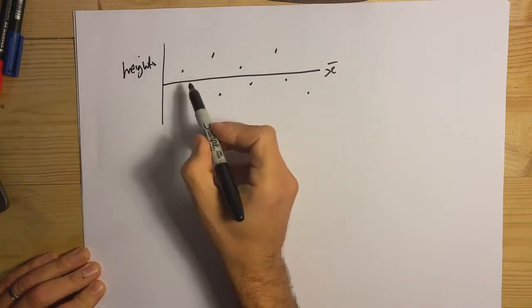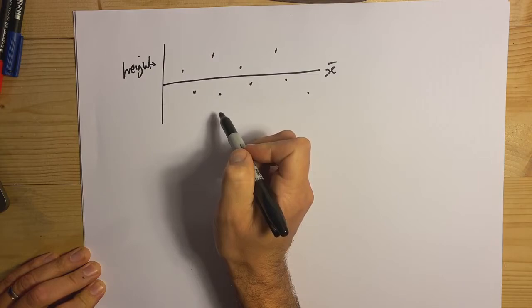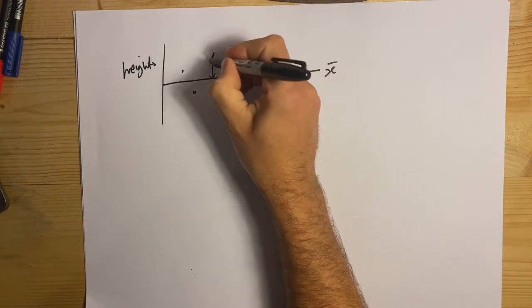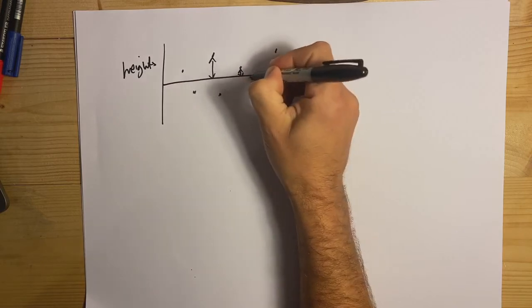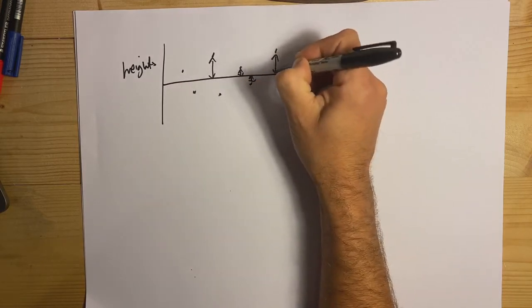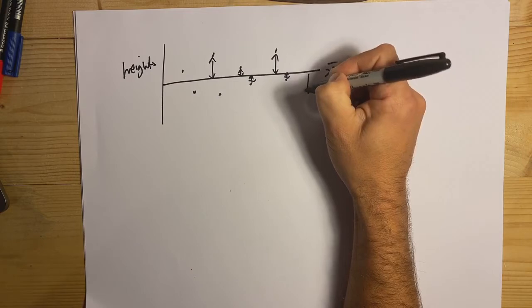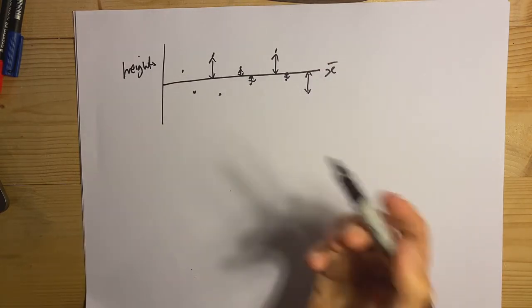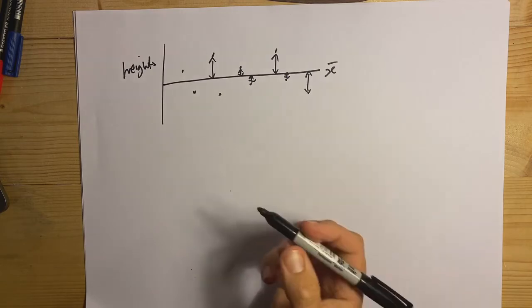What we're interested in is a way we can say how far on average the data points are from the mean. And if the data points are further from the mean on average, then that would have a higher variance.